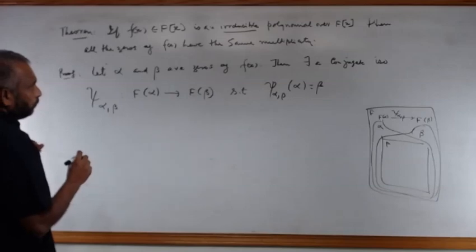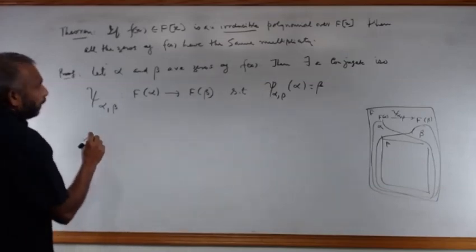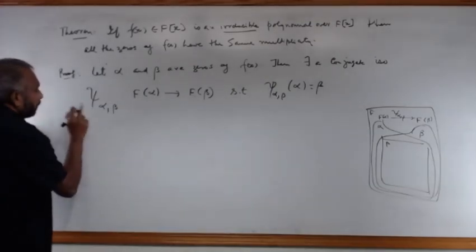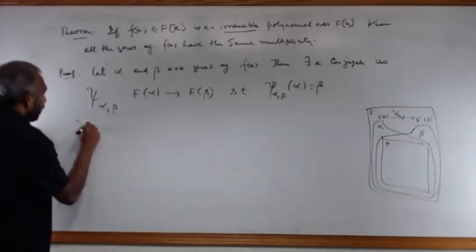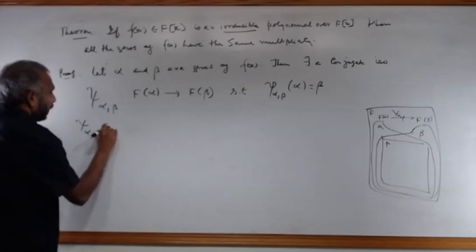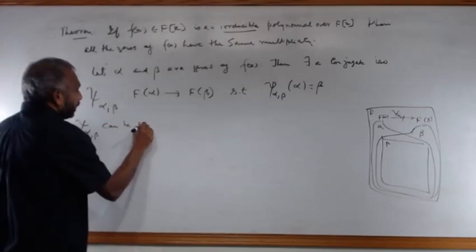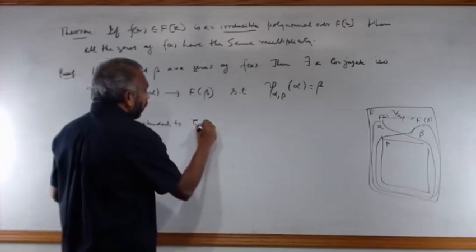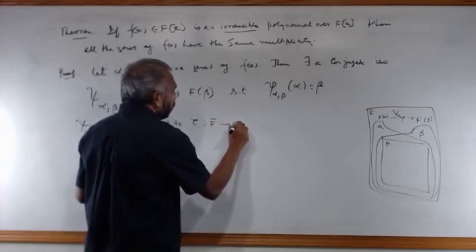Now, this is an isomorphism. So this psi alpha beta can be extended to a tau from F closure to F closure.